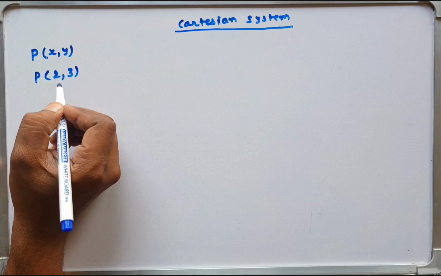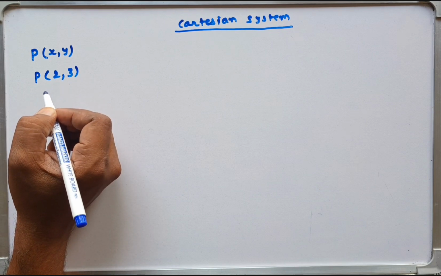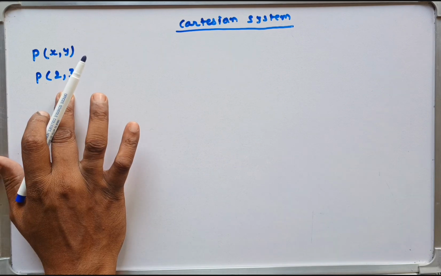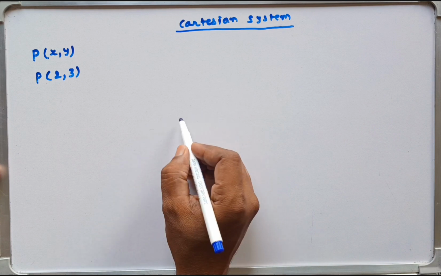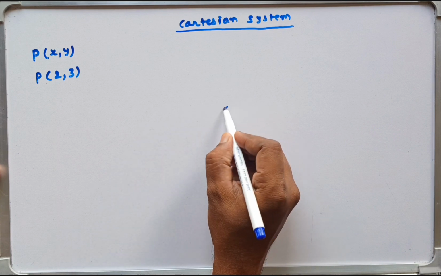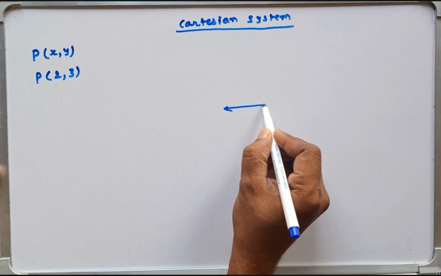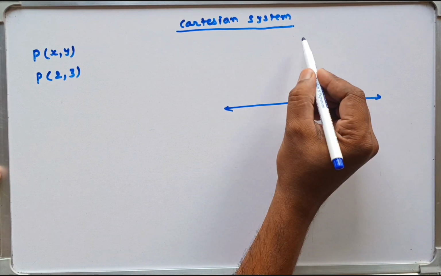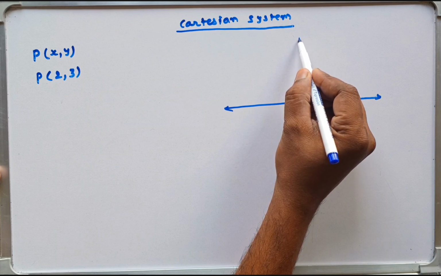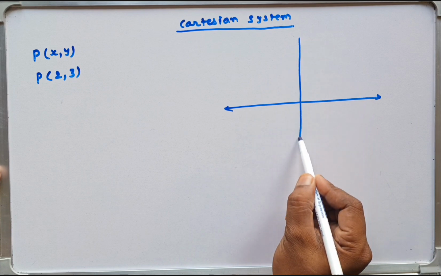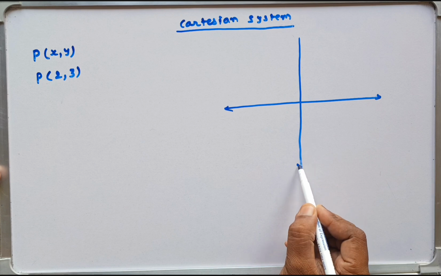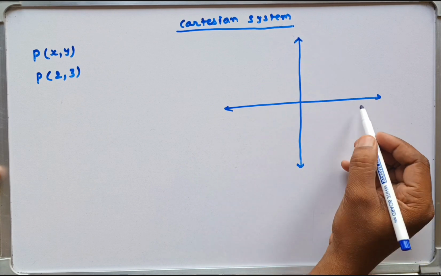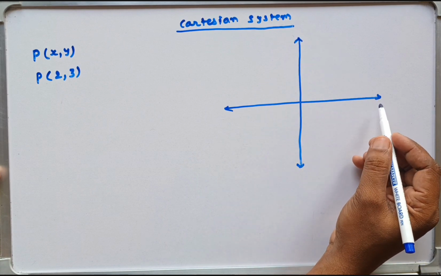Okay guys, then how could you represent it on a graph paper? For this, first of all we draw a horizontal line like this, then we again draw a vertical line like this, which is perpendicular to the first horizontal line.